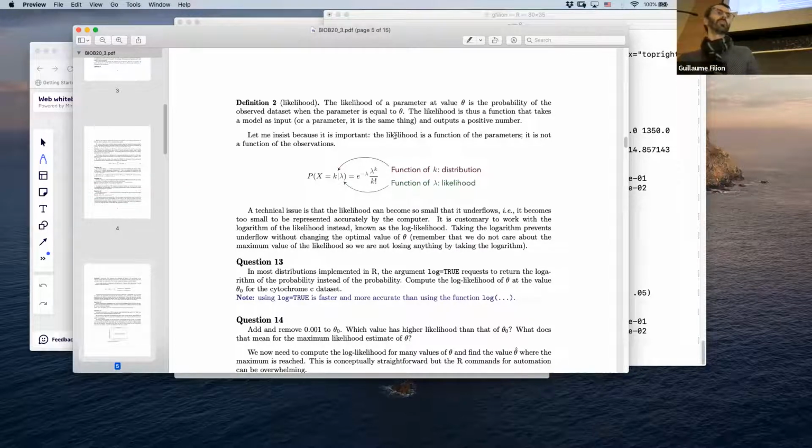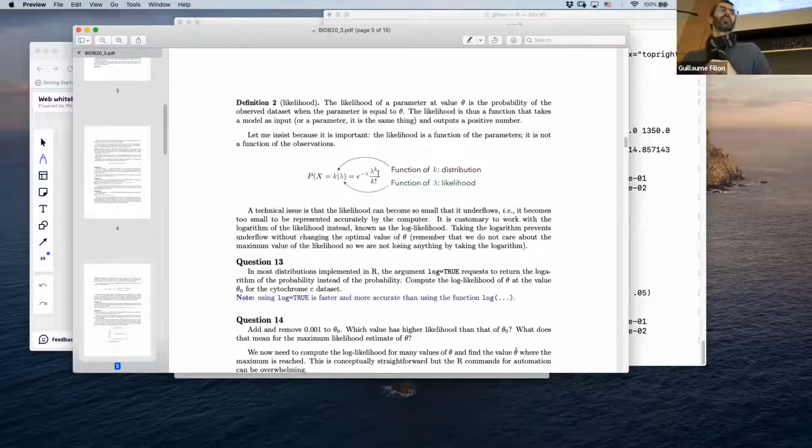Let me insist, because it is important: the likelihood is a function of the parameters. It is not a function of the observations. So here I'm showing the function that we have for the Poisson distribution, and it doesn't matter what this function shows. It's just that some of the symbols here refer to the events, like the events are 0 differences, 1 difference, 2 differences, 3 differences, etc.